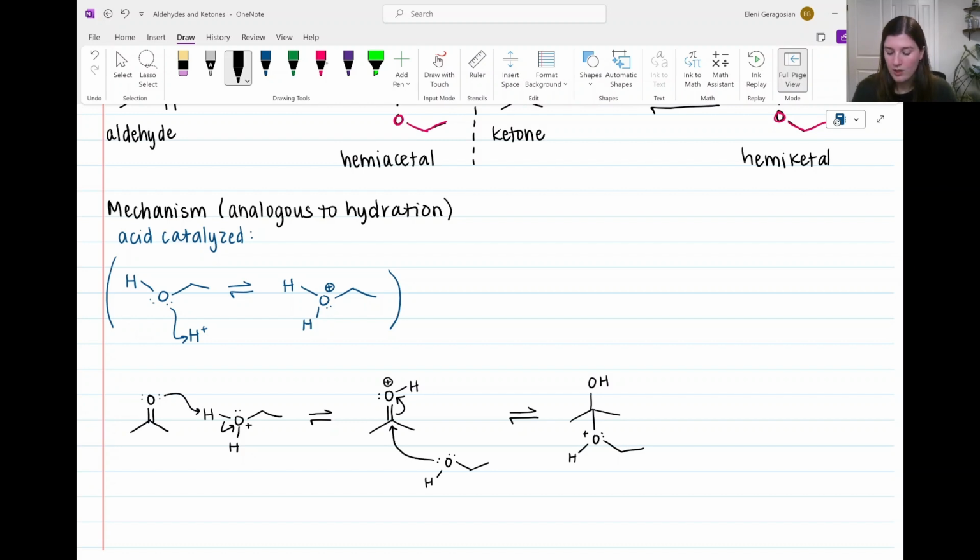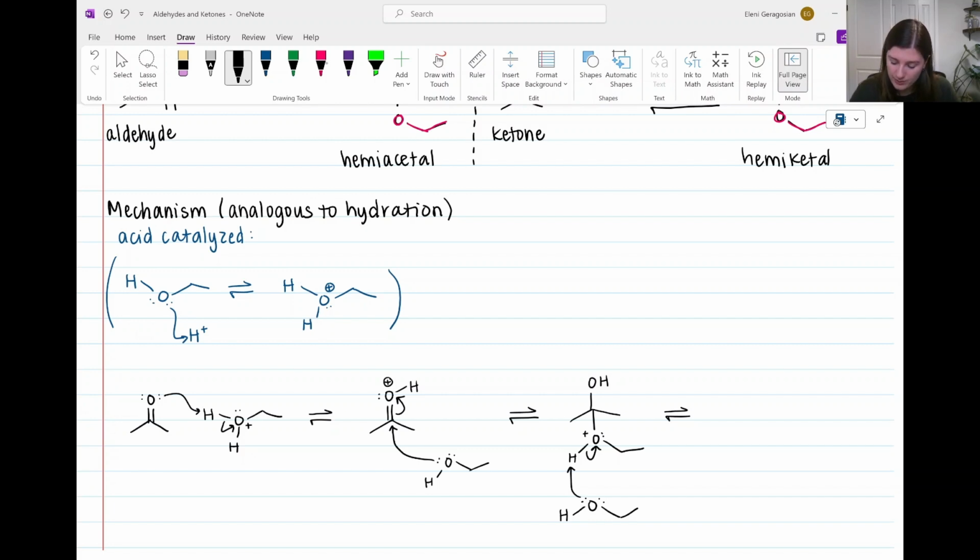It's now sharing them. And so in this last step, really all that's needed is to deprotonate that oxygen at the bottom of the molecule. We can deprotonate with neutral solvent. Oxygen electrons bond to hydrogen, and electrons from the oxygen to hydrogen bond are going to be owned by oxygen.